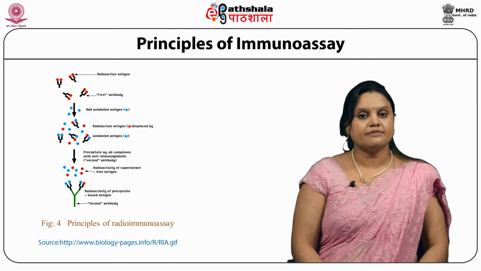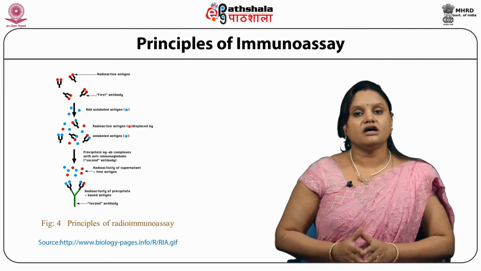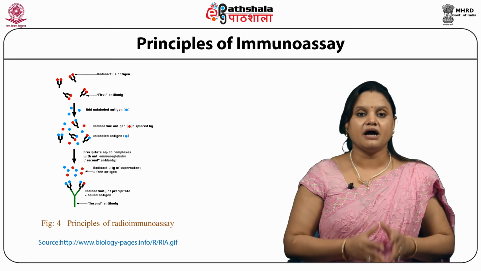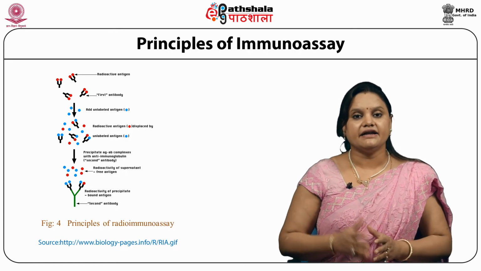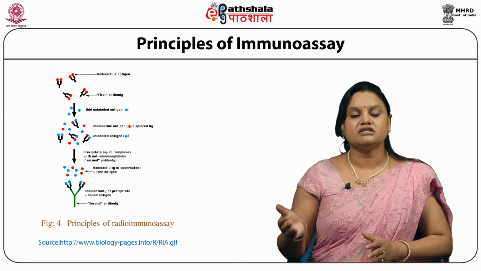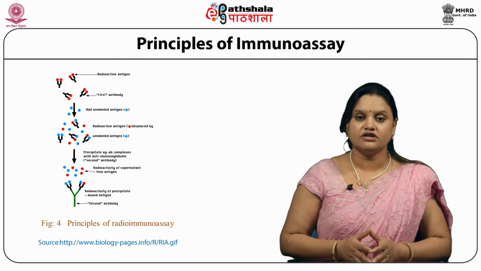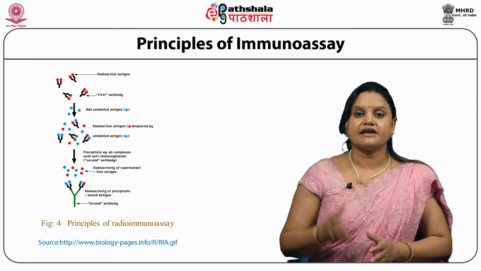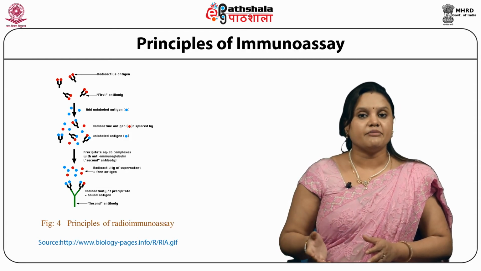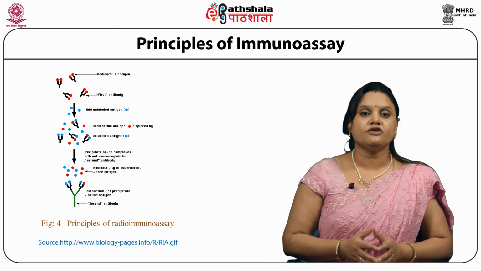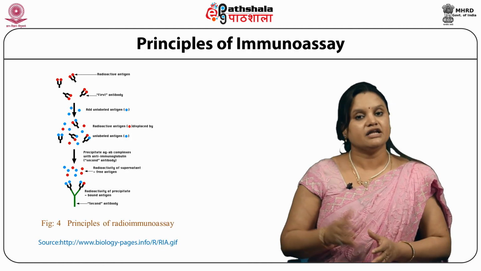All immunoassay procedures are based on the original discovery by Berson and Yalow that low concentrations of antibodies to the antigen hormone insulin could be detected radiochemically by their ability to bind radio-labeled insulin.